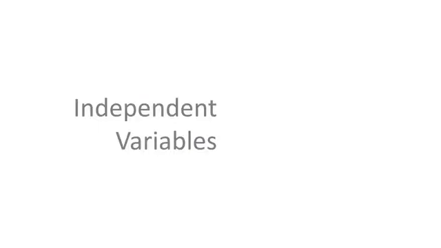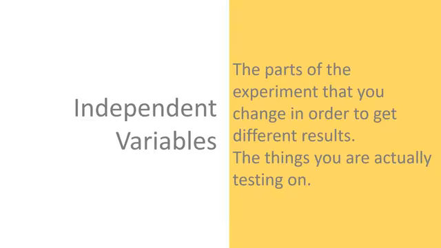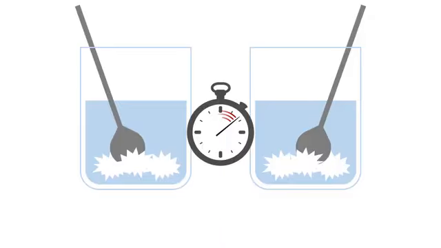Now, independent variables is where things get interesting. These are the parts of the experiments that you change on purpose. These are the things that you are actually testing. These are the parts of the experiment that will determine the results of the experiment. So, if all of these variables in the experiment are control, what then are your independent variables?